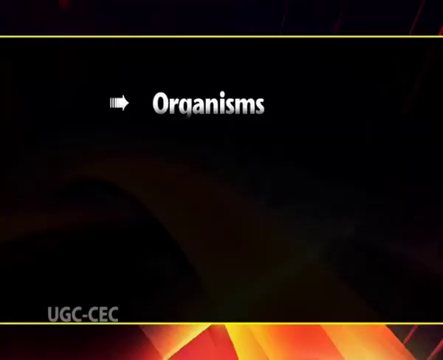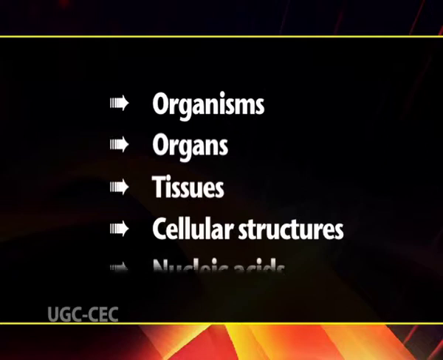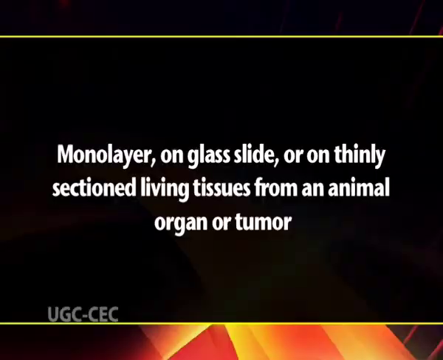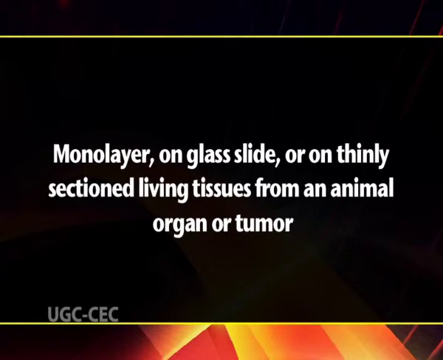It may be used to image large, small and microscopic specimens including sectioned whole organisms, organs, tissues, cellular structures and nucleic acids that contain some radiolabeled compound. Cells may be autoradiographed either in culture as a monolayer on a glass slide or on thinly sectioned living tissues from an animal organ or tumor.